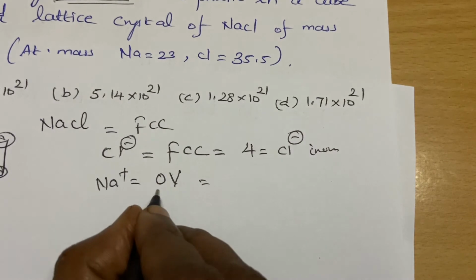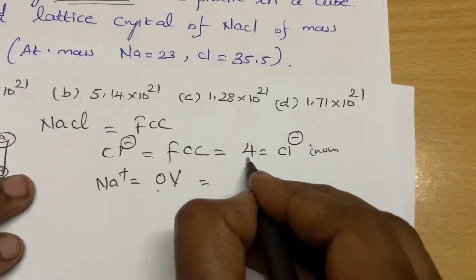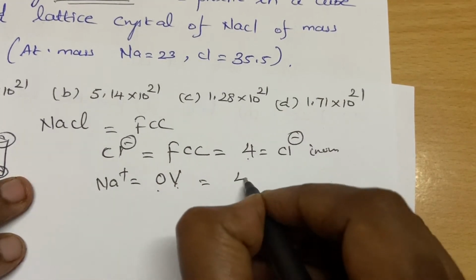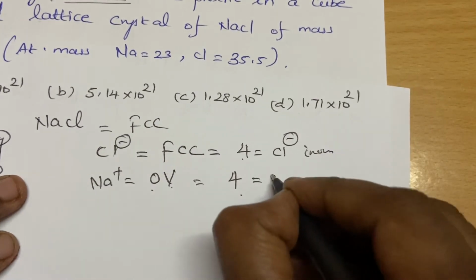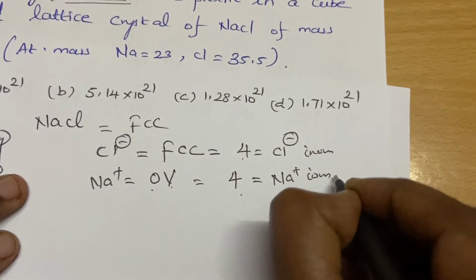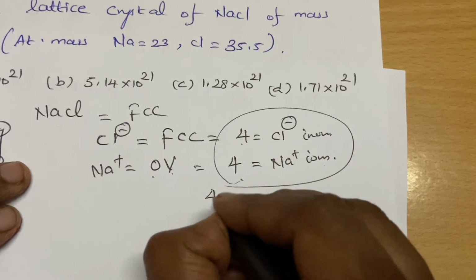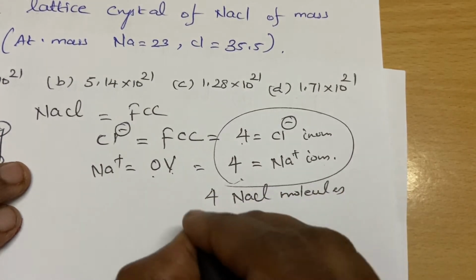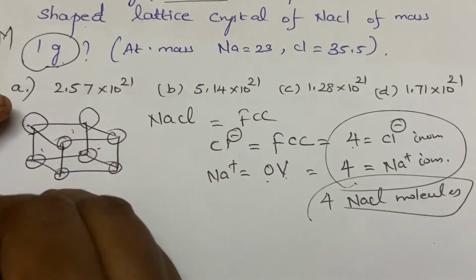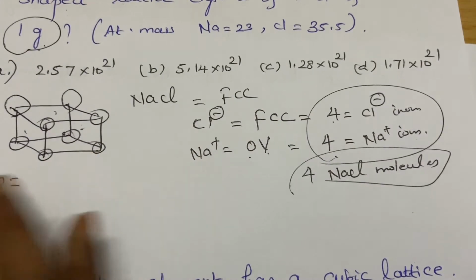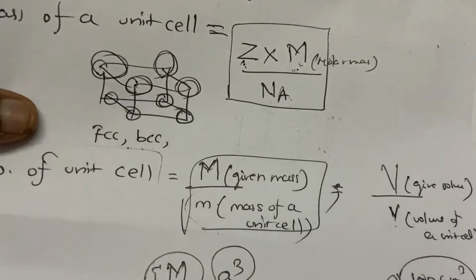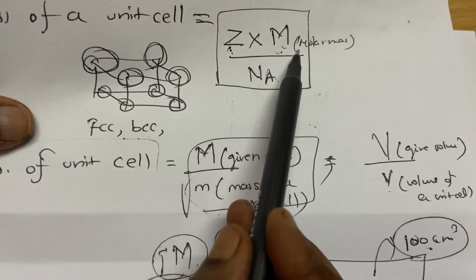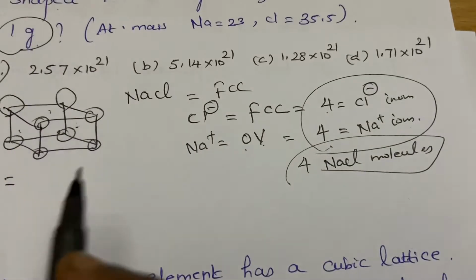And how many octahedral voids? Z is equal to 4, so the octahedral voids are also equal to 4. So 4 Na plus ions are there. Altogether I can say there are 4 NaCl molecules. To find out small m, I am going to use this formula: mass of a unit cell is Z into molar mass divided by Avogadro number.